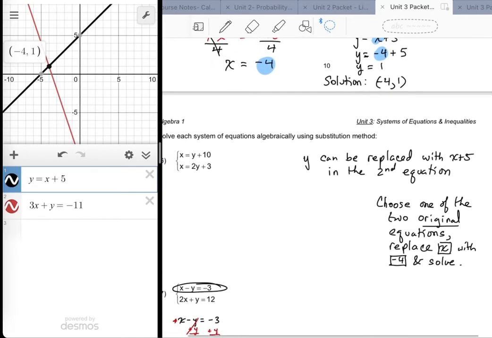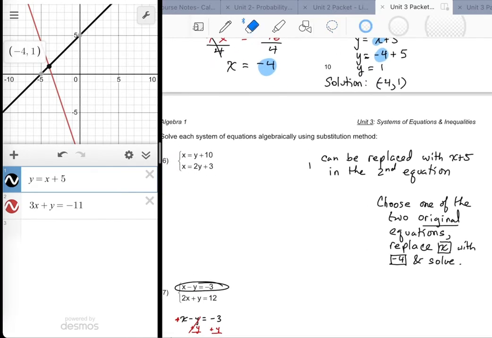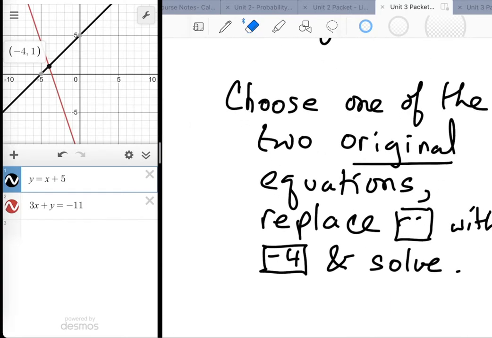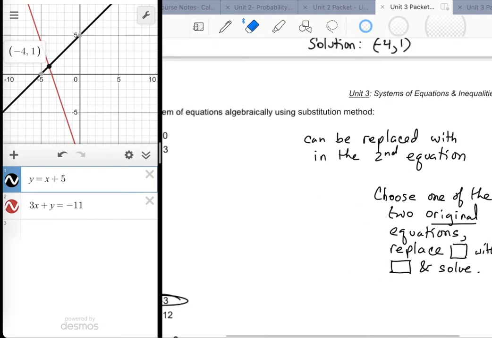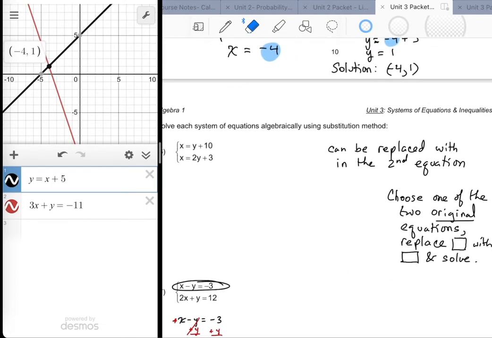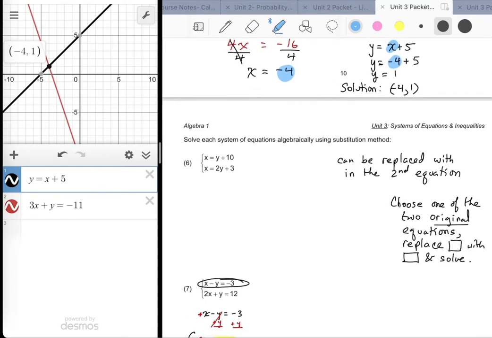All right. So I'm just going to get some of the things out of here. That's why he made those boxes. Here we're seeing in my first equation that x is the same thing as y plus 10. x is y plus 10.